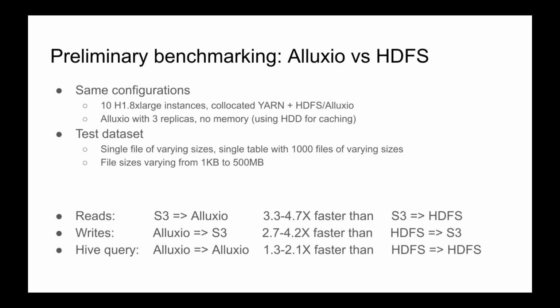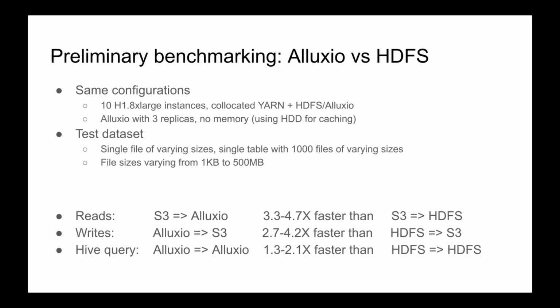In the writes part, writing data from Alluxio to S3 is around 3 to 4 times faster than writing data from HDFS to S3. And we also ran Hive queries end to end.